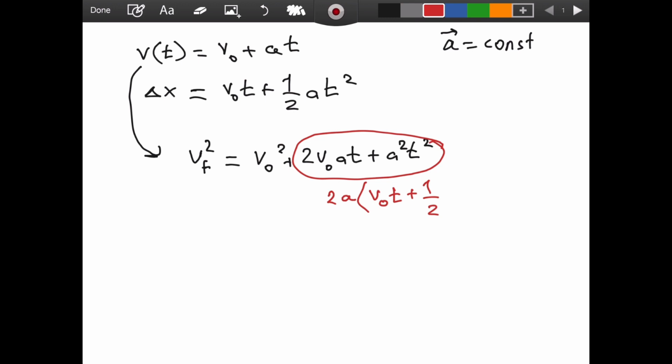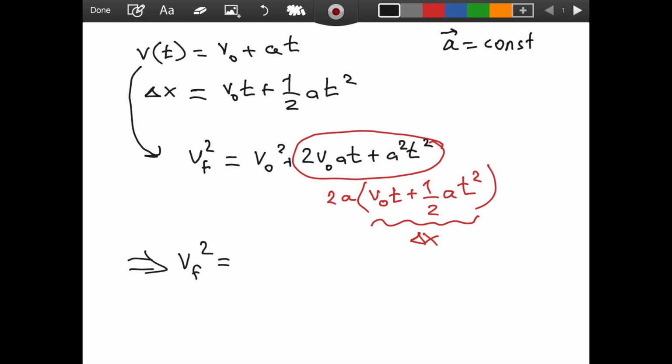We will have a remaining a, then we will have a t squared. Well, look at this. Does this look familiar to you? I mean, I guess it does. It's right here. It is our formula, our expression for delta x, the displacement. Well, it's great. So if we write our result, we have v final squared is equal to v naught squared plus 2a delta x.